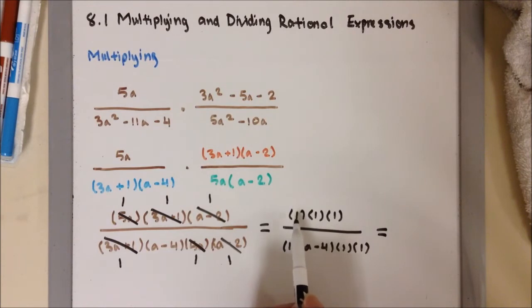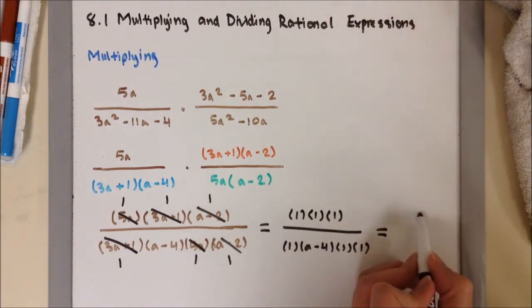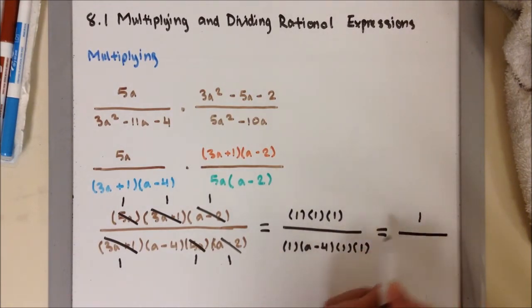In the numerator, I have 1 times 1 times 1, which is just basically 1. In my denominator, I have 1 times the factor a minus 4 times 1 again, which simply means the factor a minus 4. Since I only have this factor in the denominator, I don't have to include parentheses, but it's okay if you do.